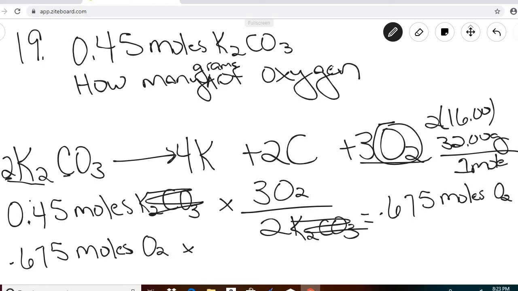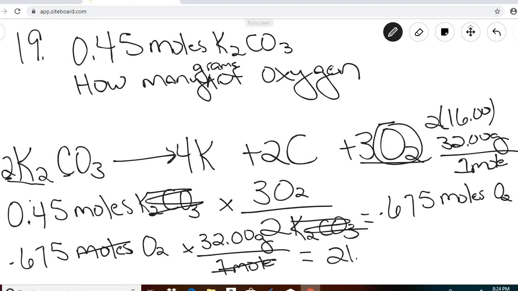Okay, so 32.00 grams is 1 mole. So moles cancel. You'll be left with grams of oxygen, and 32 times 0.675 with 3 significant figures is 21.6 grams of O2.